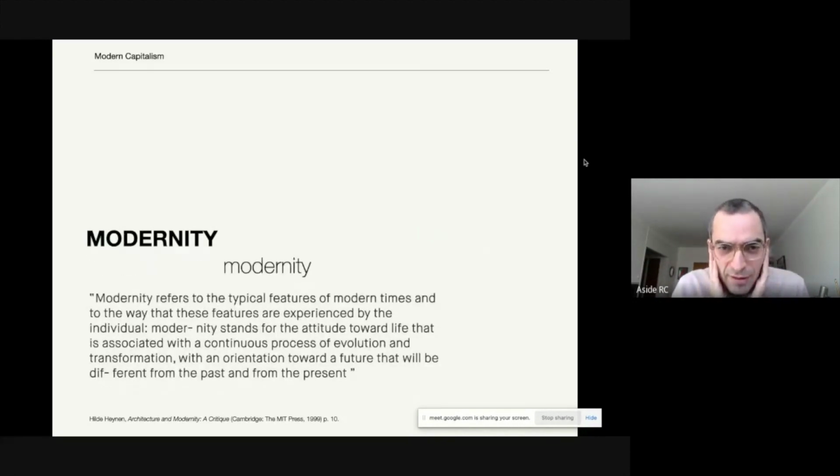On the other hand, modernity would refer to the features of modern times and to the way that these features are experienced by the individual. Modernity, in this way, stands for an attitude towards life that is associated with a continuous process of evolution and transformation, with an orientation toward a future that will be different from the past and from the present.